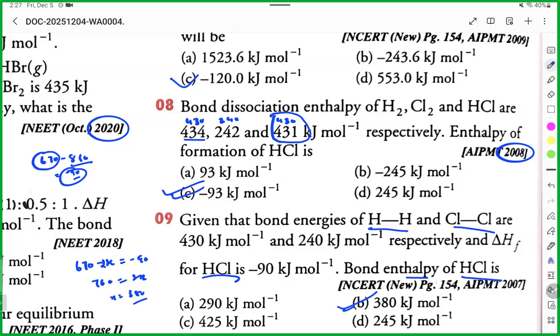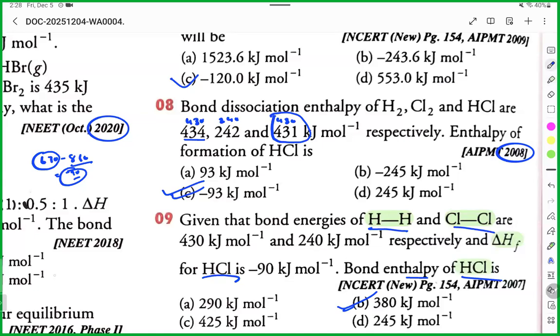What is your answer, guys? सर इसमें बैलेंसिंग कैसे करनी है? वही same. H2 reacts with Cl2 to give HCl. And all of you got answer B? Yes, sir. Why? Because here one reactant is given, the second reactant is given, and the final value is given. You have to calculate for HCl.